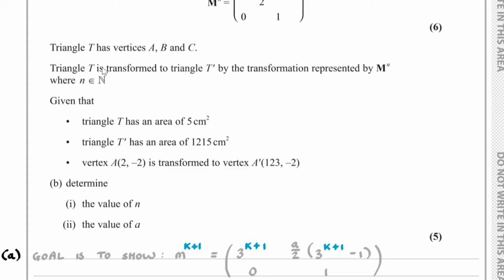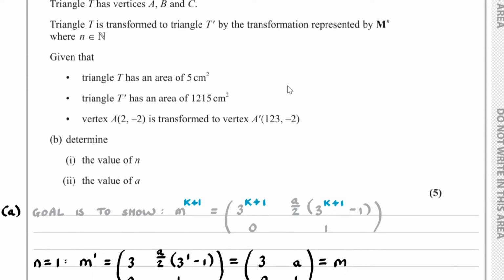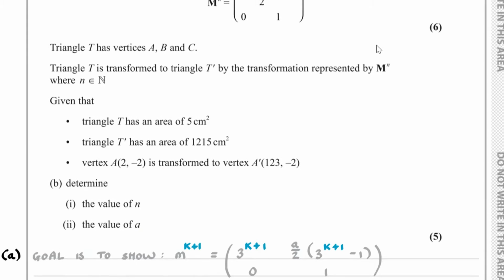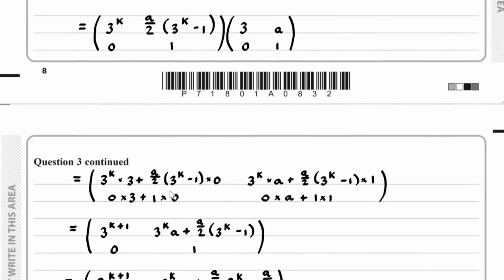Now, if we have a series of transformations, what's happening is we take our vertex A, transform it by m to the n, and then we end up with the vertex A dash.